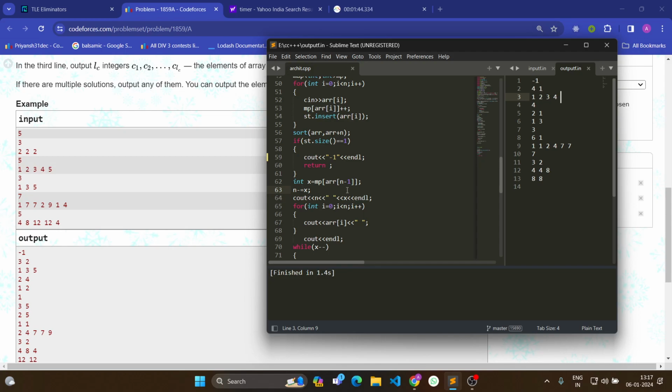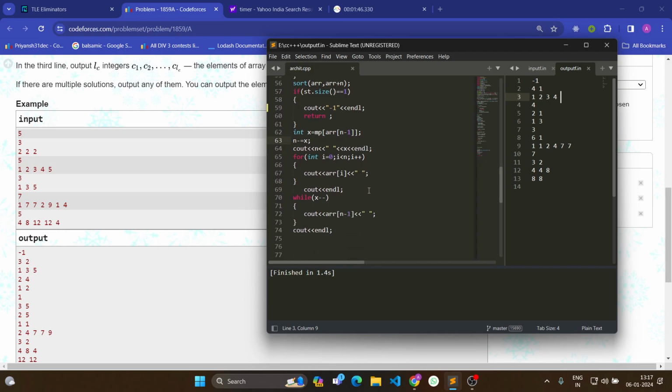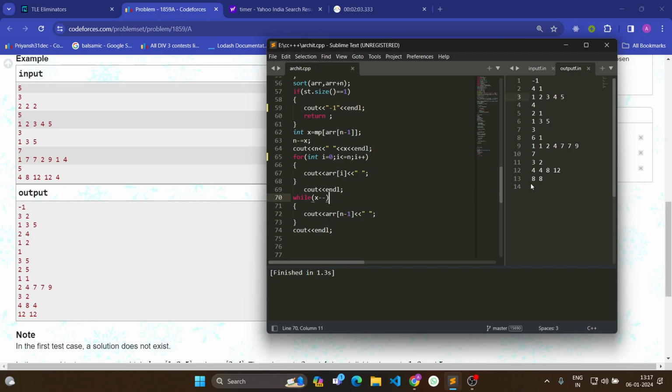I should have 5 as well. Yeah. Maybe I should go till equals to.